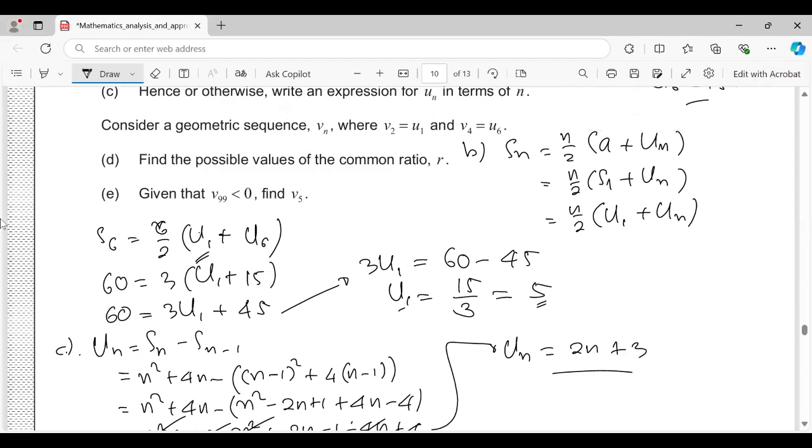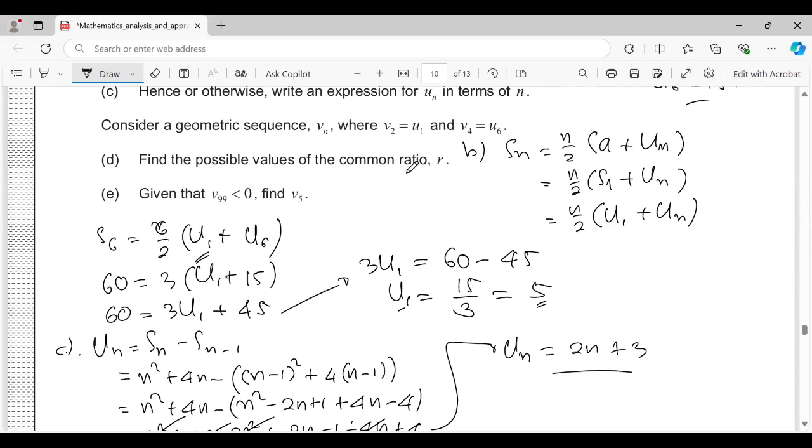Consider a geometric sequence Vn, where V2 equals U1 and V4 equals U6. Find the possible values of the common ratio.